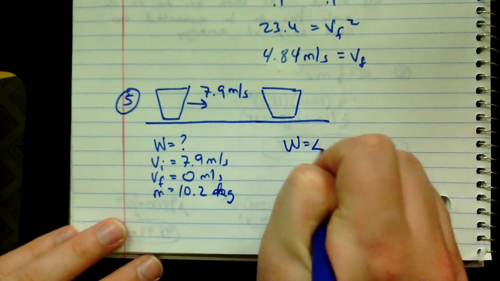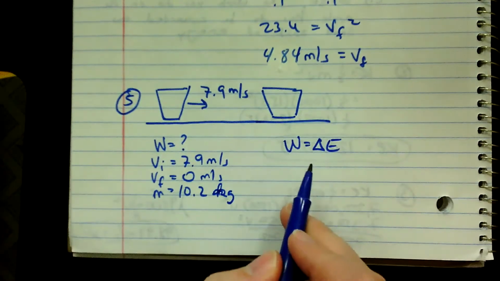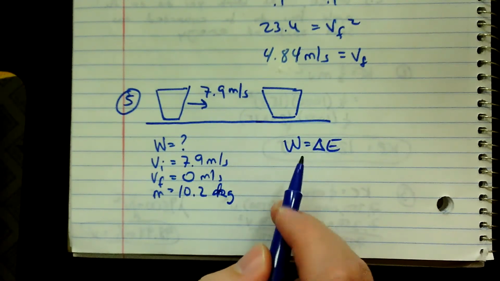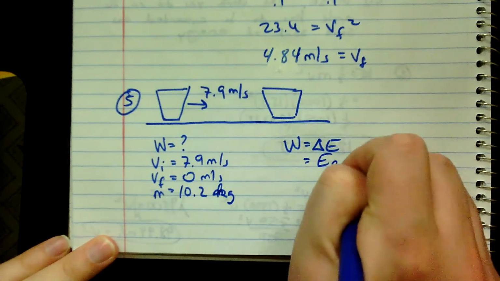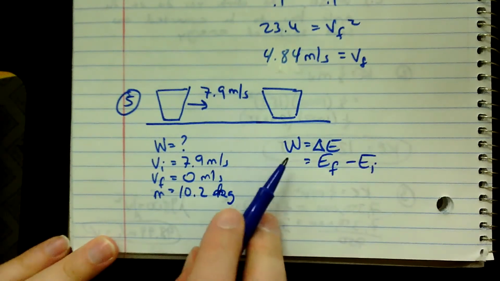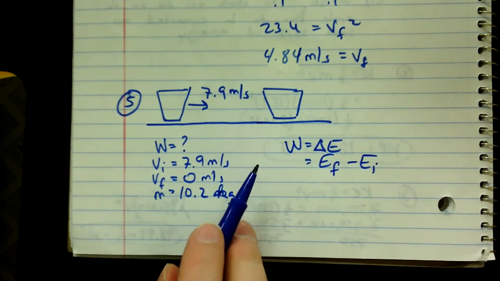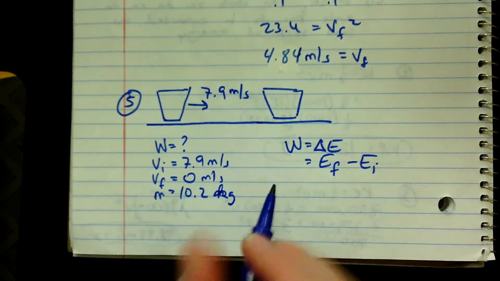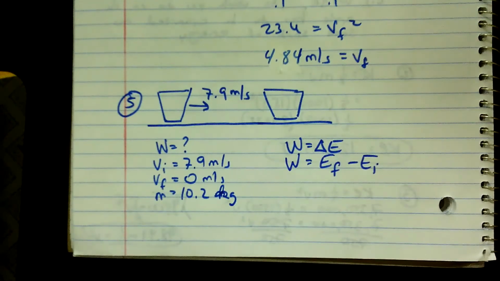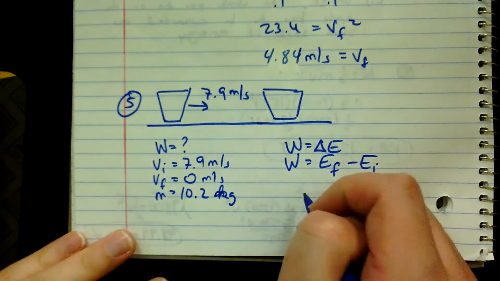So we're going to use the same equation we did last time. And remember, every time we do this, delta E just means final energy minus initial energy. Last time we said that work equals force times distance, but this time we don't care about force and distance. We're just looking for work. So I'm going to leave it as work equals EF minus EI.